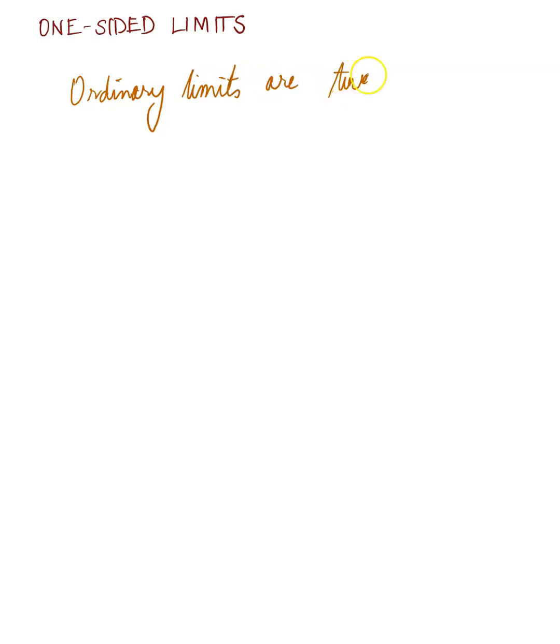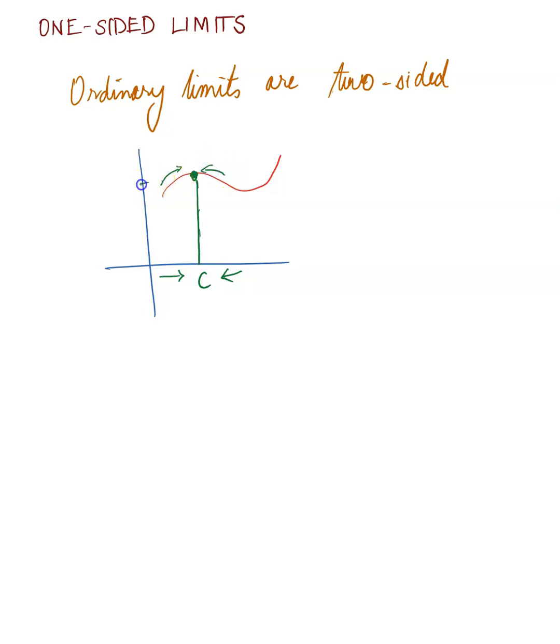What that means is that when we have, say, a graph that is something like this, and if I was focusing on the limit at this point, C, if you approach C from the left and from the right, correspondingly on the graph, we see that it actually corresponds to a limit L. So when we say limit, let's call this red graph f of x.